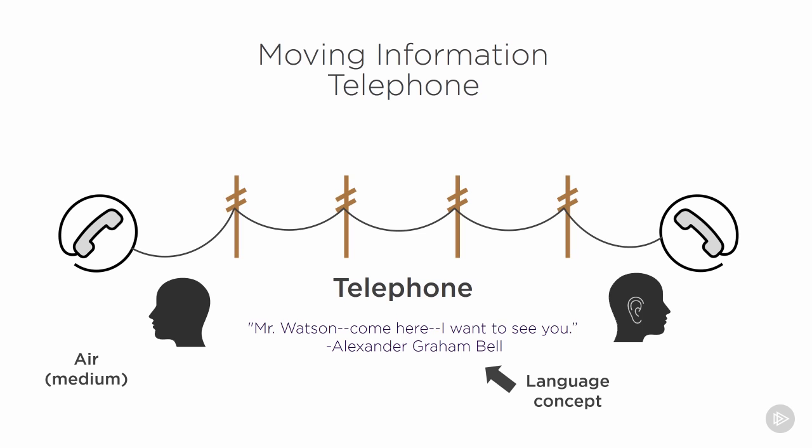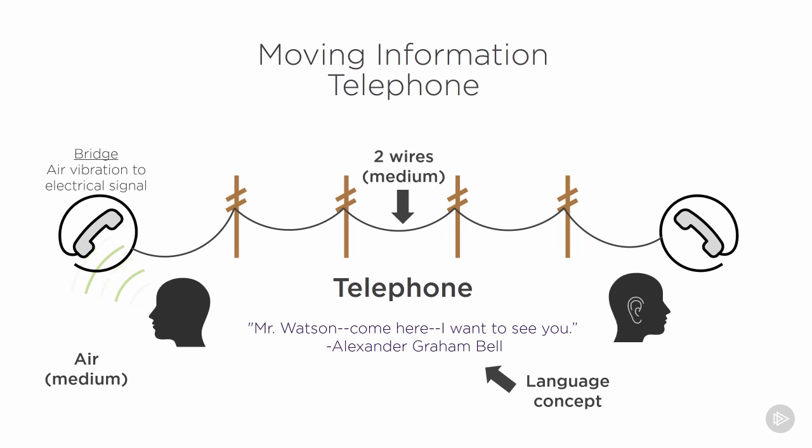So when Bell wants to send this very first message ever sent over a telephone to his buddy Watson, what he's going to do is he's going to use his vocal cords and the air in his lungs to vibrate the air, which is going to cause a membrane on the microphone of the telephone to vibrate as well, which creates an electrical signal.